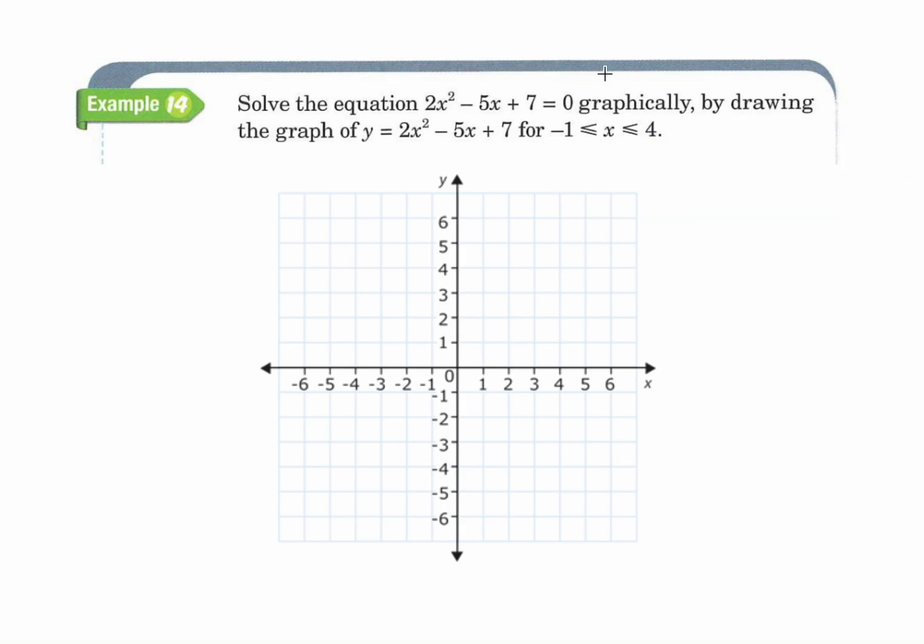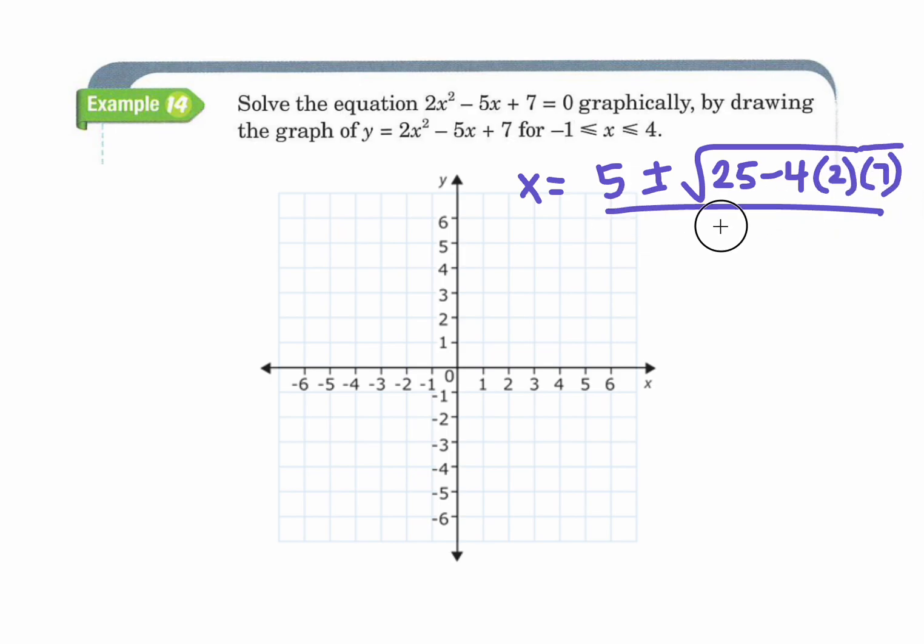So now I can either use completing the square, or I can use the quadratic formula. I'm going to personally go with quadratic because that's my preference. So here we go. X equals -b, so it's going to be +5, plus or minus the square root of b squared. -5 times -5 is 25, minus 4 times my a times my c, all over 2 times a, which is 2 times 2.